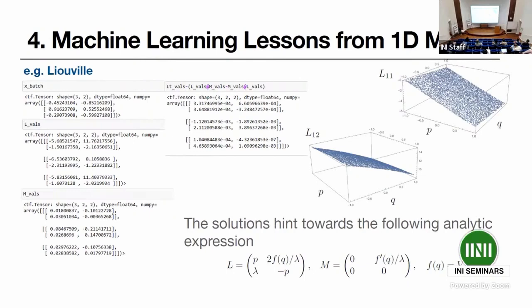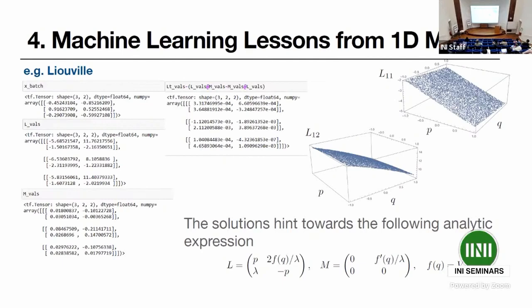Just to show you what kind of things we obtain for these very simplistic examples: the phase space is 2-dimensional, so I'm evaluating now on 3 different phase space points. These are the values for L, the L matrices that I get out of the neural network, and these are the values for M.